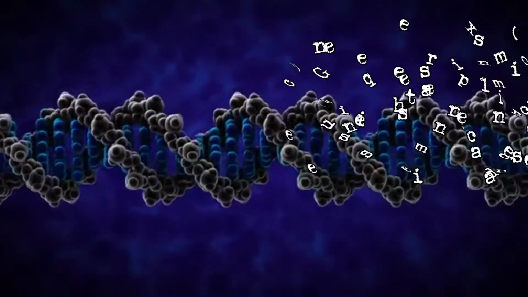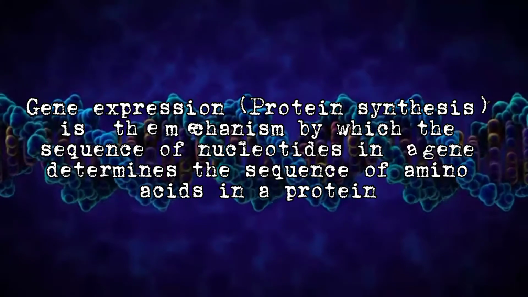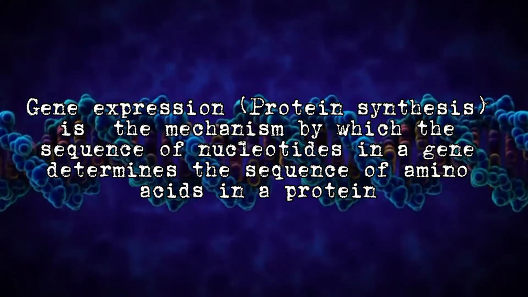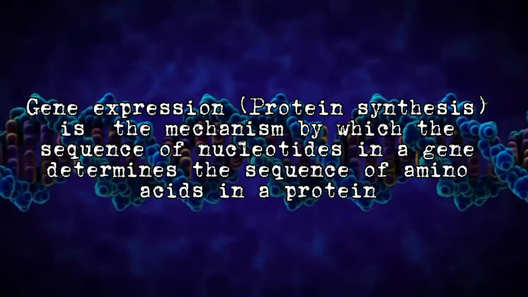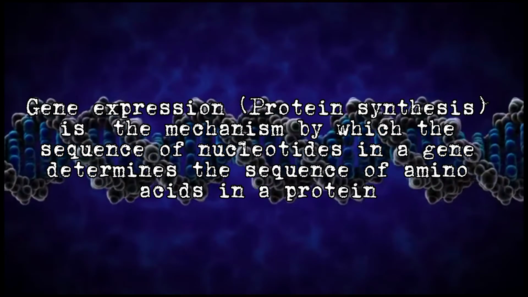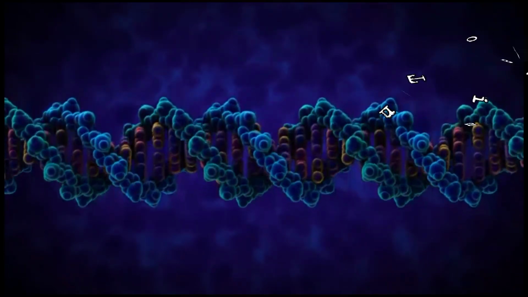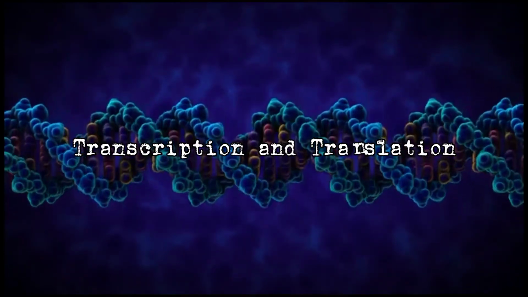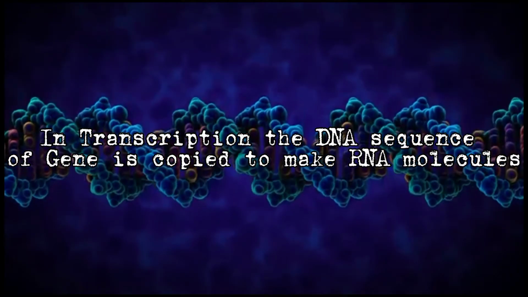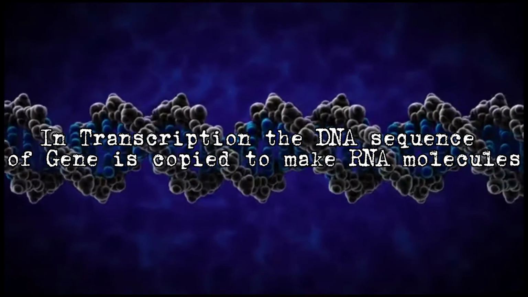Gene expression, or protein synthesis, is the mechanism by which the sequence of nucleotides in a gene determines the sequence of amino acids in proteins. It occurs in the following steps: transcription and translation. In transcription, the DNA sequence of a gene is copied to make RNA molecules.